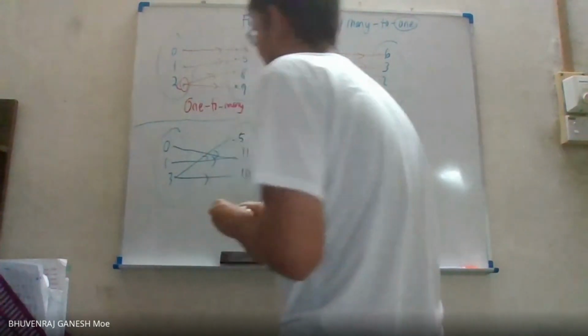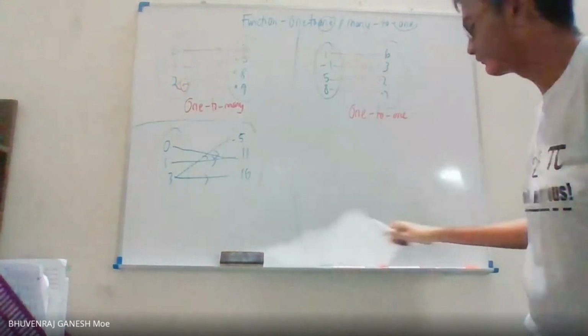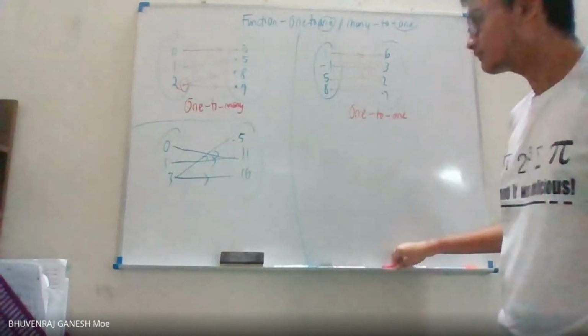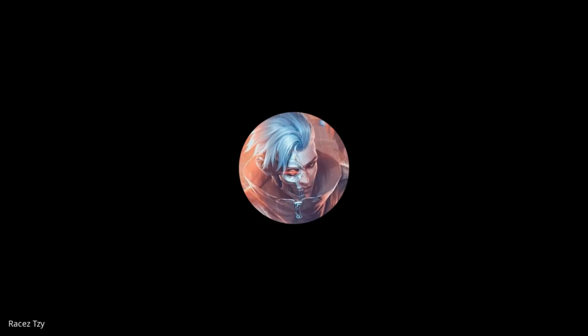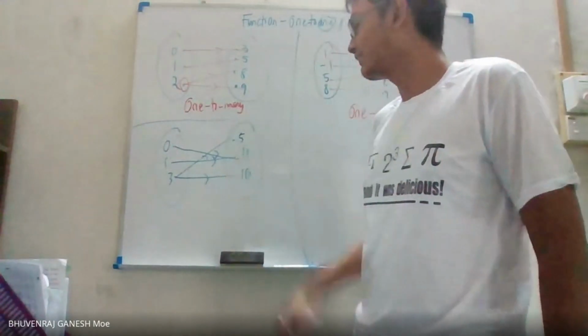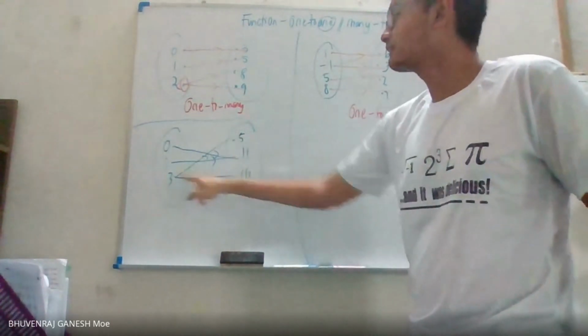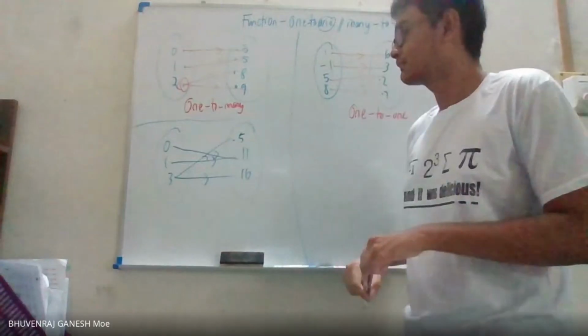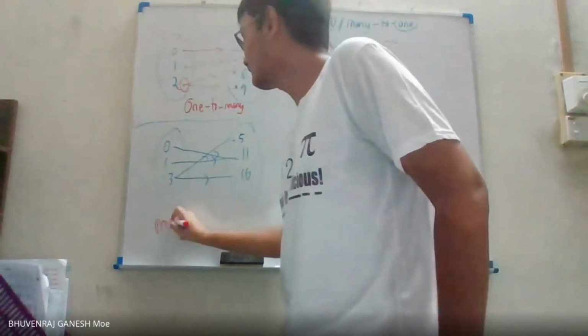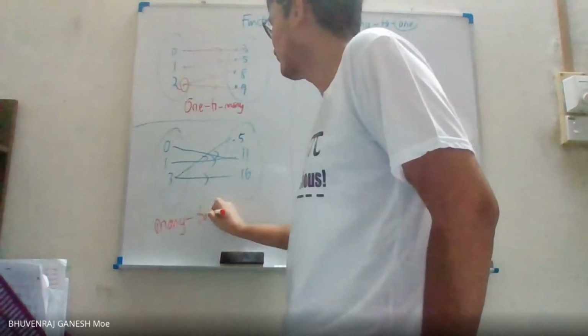Match this here. Okay, this one will be what? Careful. Many-to-1? Be careful. Yeah, because there are arrows coming up here and here. So many-to-many, yeah, correct. So many-to-many is actually a combination of many-to-1 and 1-to-many.